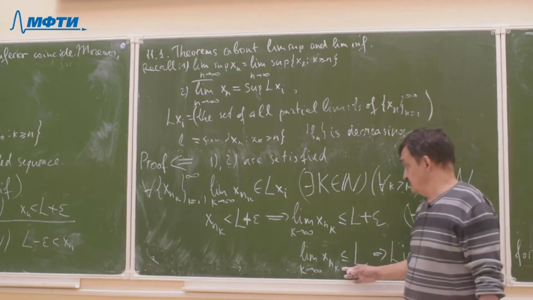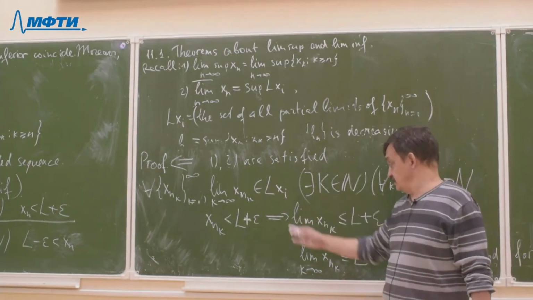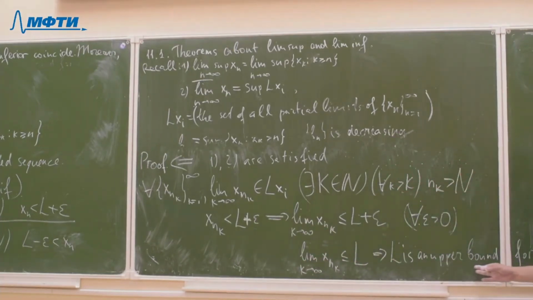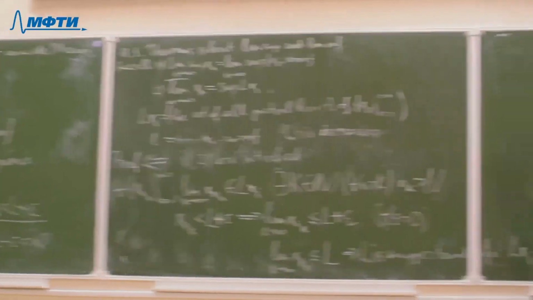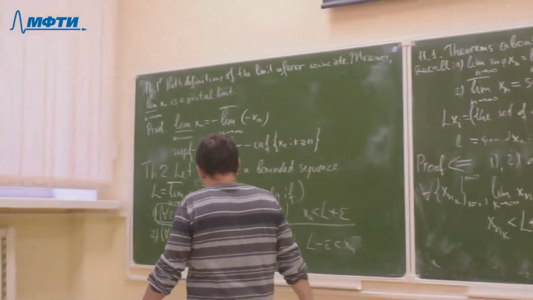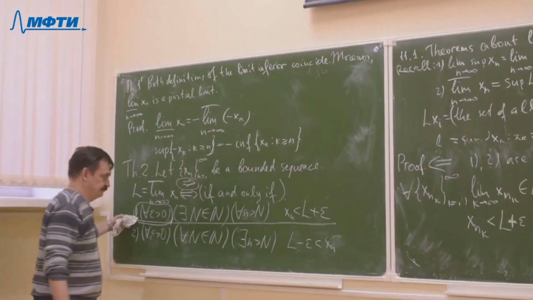And so for an arbitrary partial limit we have the inequality which says L is an upper bound for the set of partial limits. That's it, right? That follows from 1.